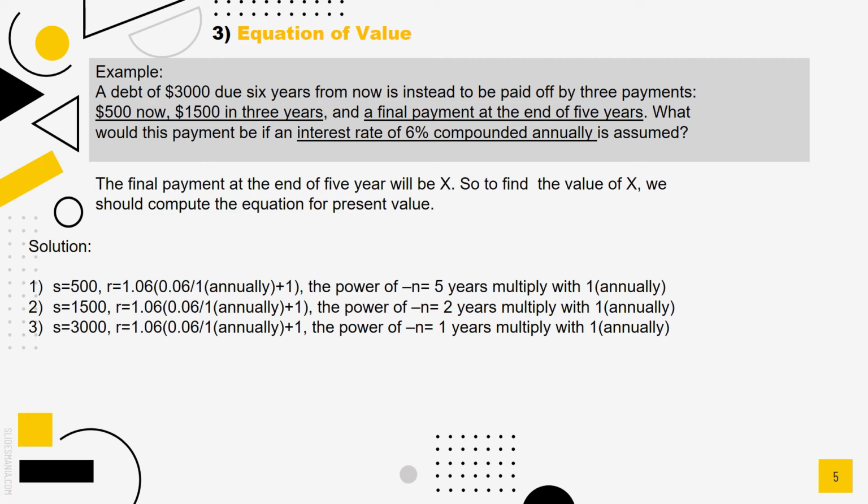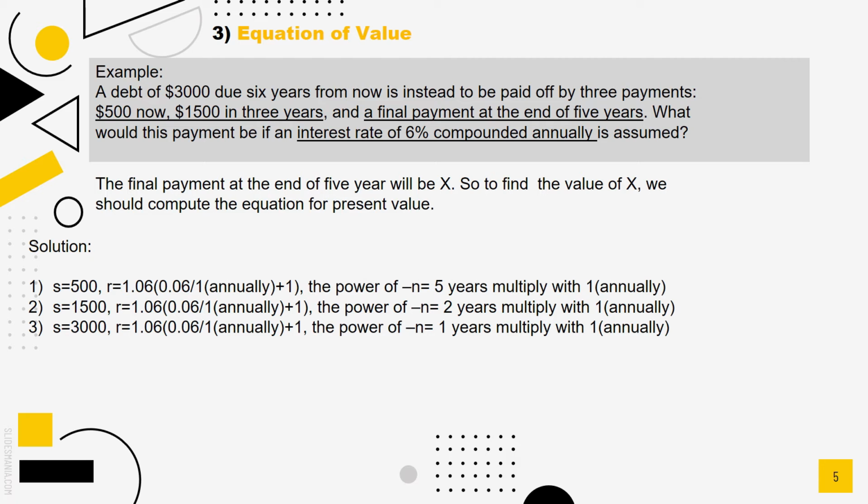Firstly, S equals 500, right? R is equal to 1.06. Why? Because 6% you should divide by 1. Why? Because the compound interest is annually, so the interest frequency is 1.